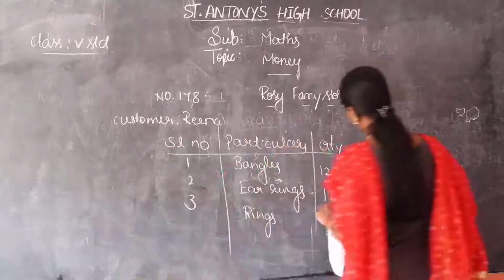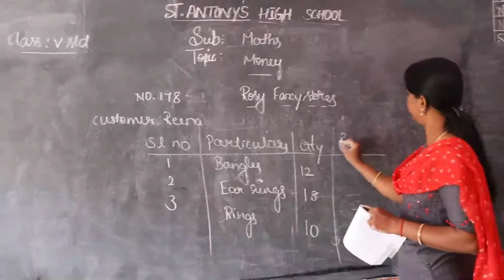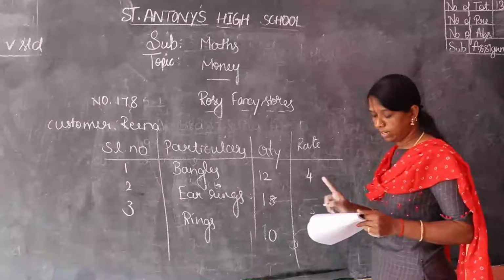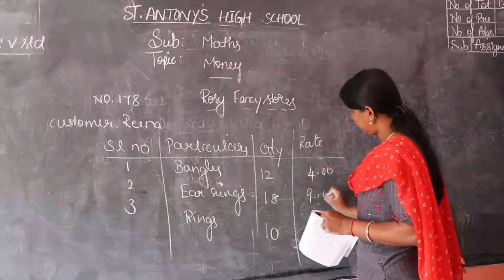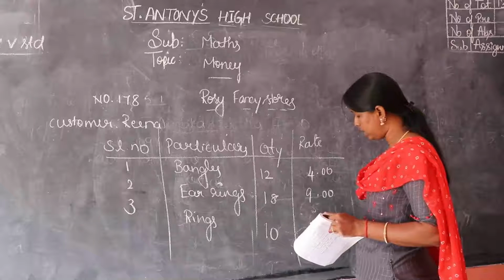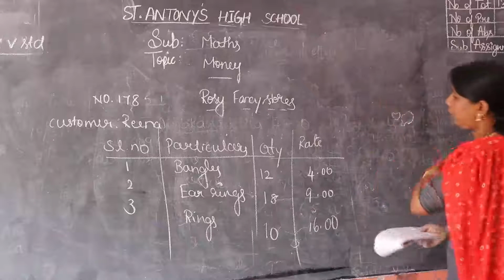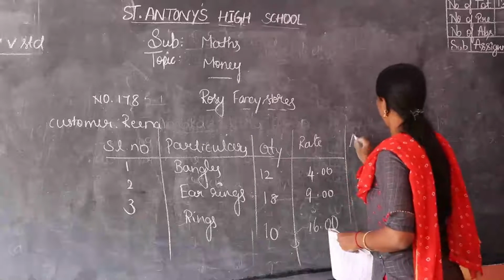Next column is rate. For one bangle, rupees 4. For one earring set, rupees 9. The cost of one ring is 16 rupees. Then we write in the next column the total amount.